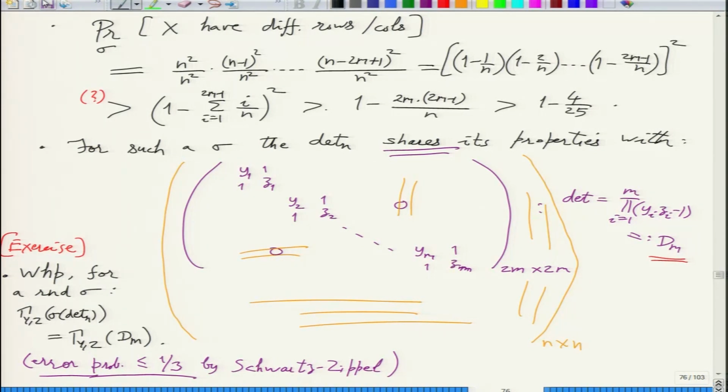So it is 2 raised to m. Remember that y is the set of yi's and z is the set of zi's. So for this polynomial, the partition is the worst possible. It maximizes the measure. So you get 2 raised to m. So that's the measure lower bound for the determinant.